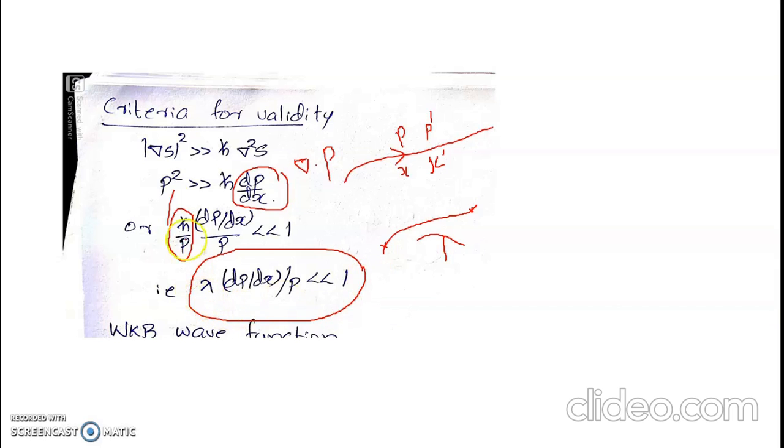analogy for the criterion for validity of WKB with the criteria for geometrical optics. In geometrical optics, of course, light follows a wave motion, but we represent this in terms of a ray. This approximation is valid if and only if the fractional change in the refractive index suffered by the light upon covering one unit wavelength is negligibly small.